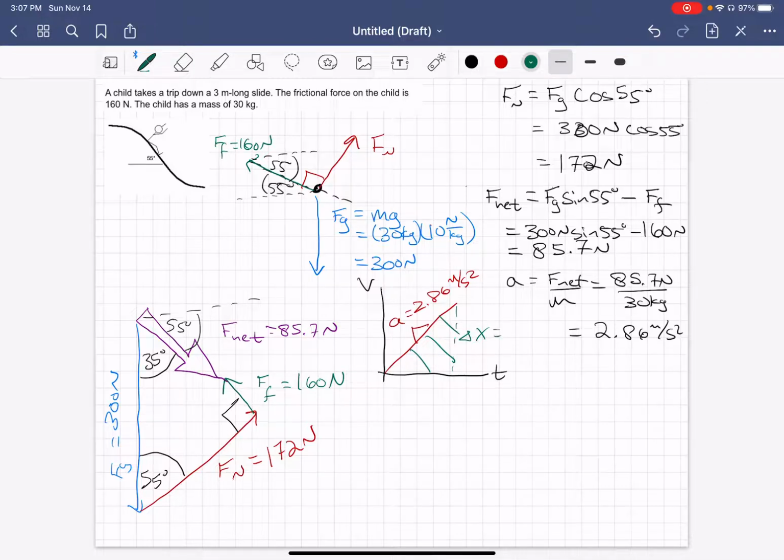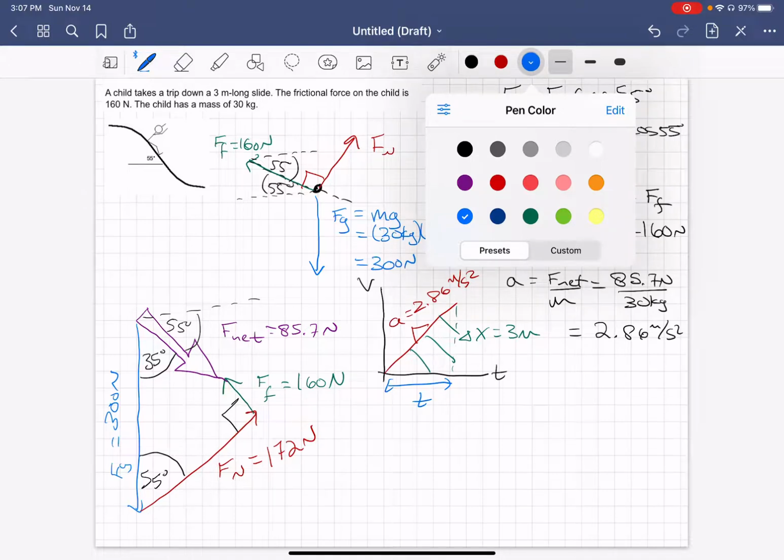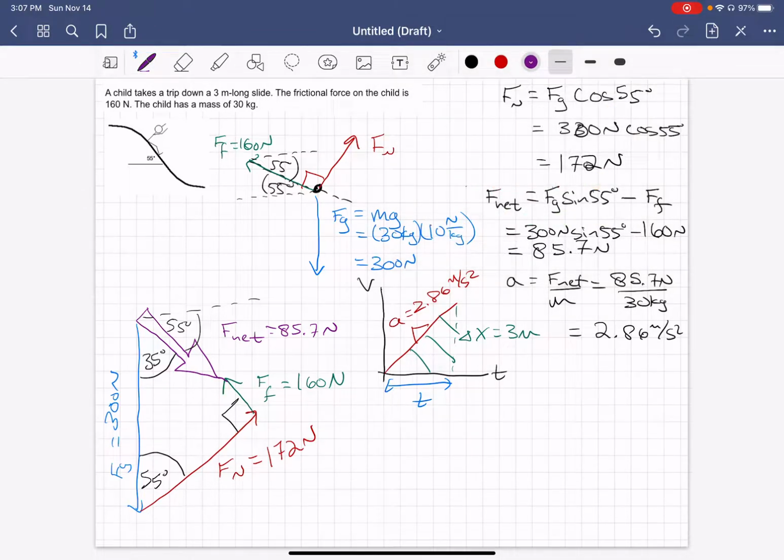I also know, since the slide is 3 meters long, that must be the area of this graph. And then the base of the triangle made by this graph is the time. And the height of the triangle is the change in velocity. So I can say acceleration is change in velocity over time.